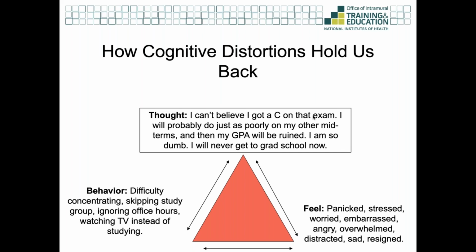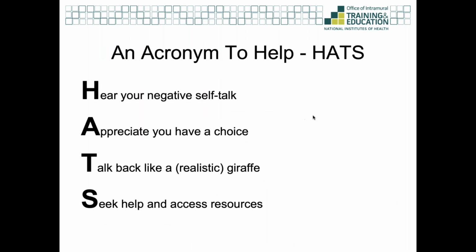And that can lead to really unhelpful behaviors, like I can't concentrate, I skip study groups, I ignore office hours, I watch TV instead of studying, I stay up late playing video games because I feel lousy. So our negative thoughts drive negative feelings and negative behaviors.